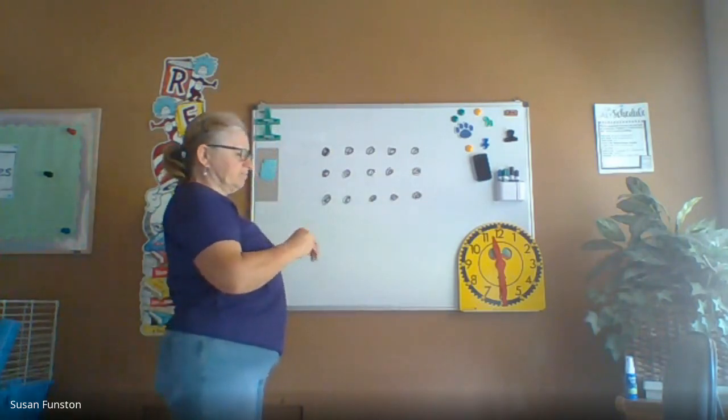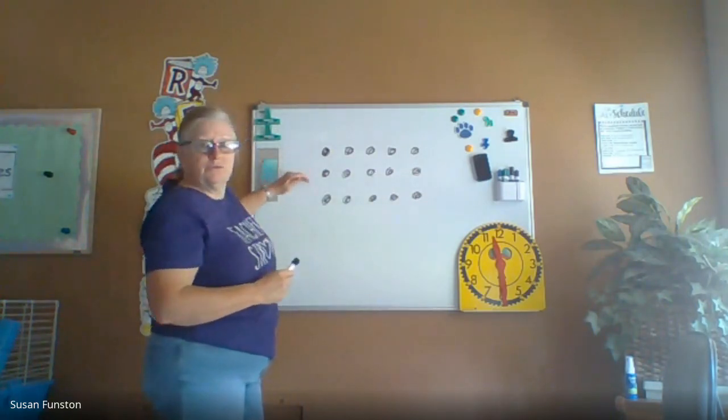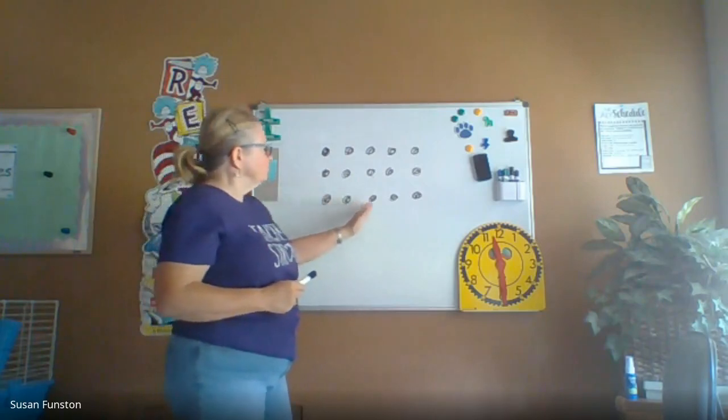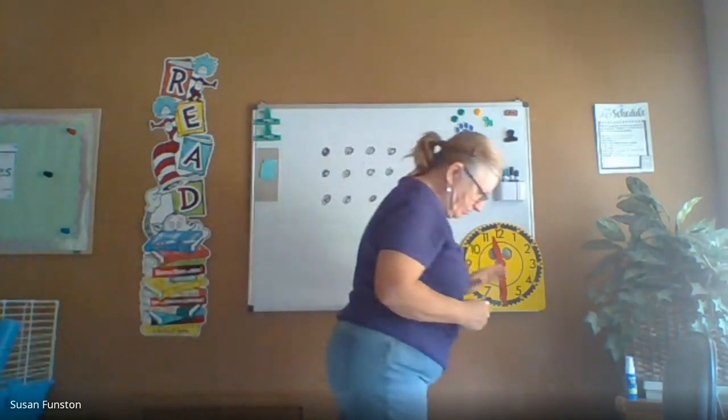So there is my 3 by 5 array. 1, 2, 3 rows of 1, 2, 3, 4, 5.